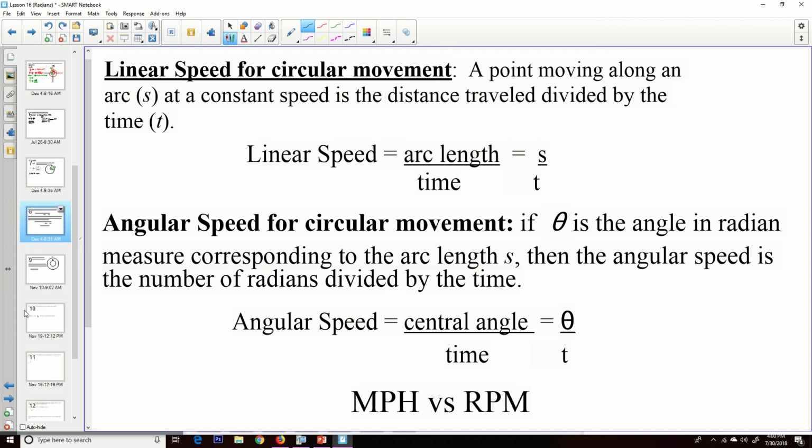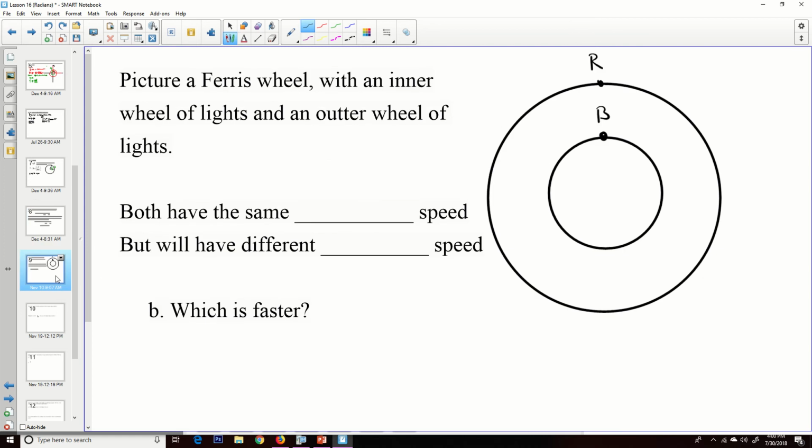Now, another way for you to think of that, and this one I think is a little bit easier to digest: picture a Ferris wheel. Most Ferris wheels have the little carriages that the people sit in on an outer wheel, and then they have another inner wheel of lights. So think of an inner wheel of red lights and an inner wheel of blue lights.